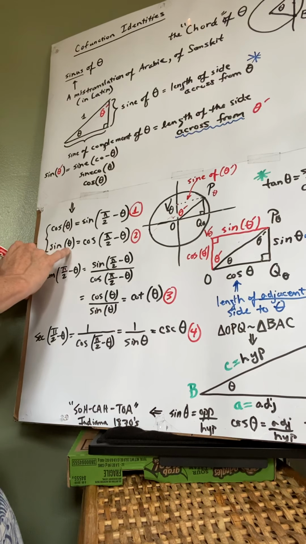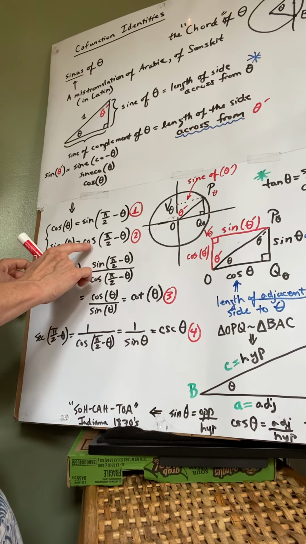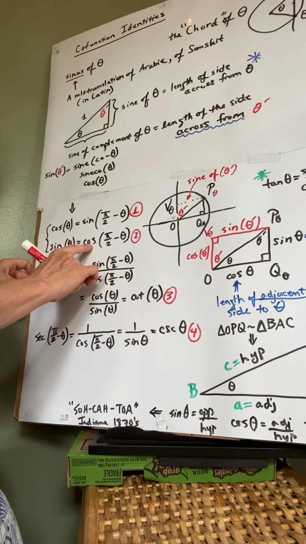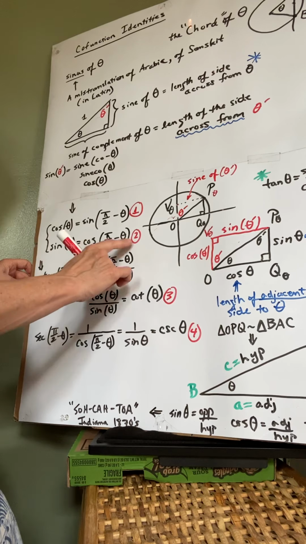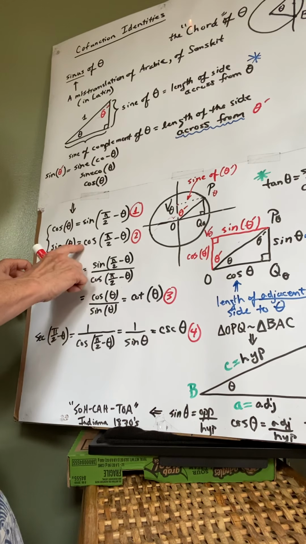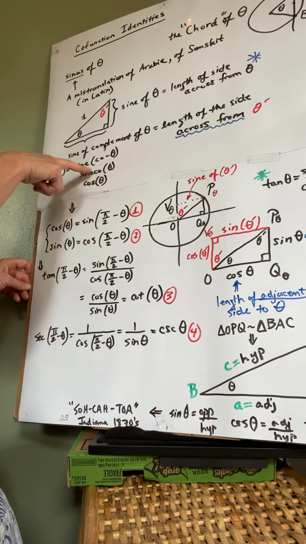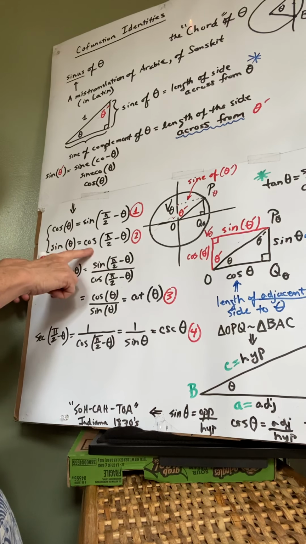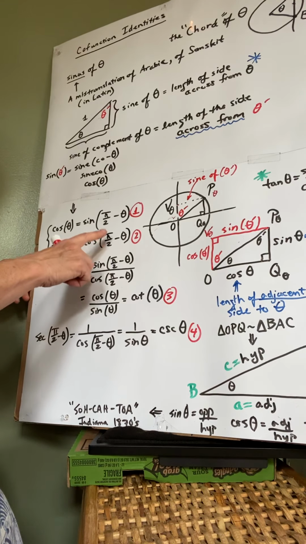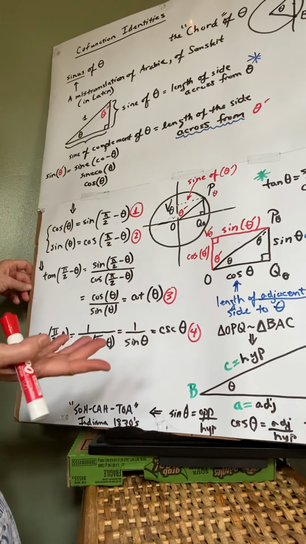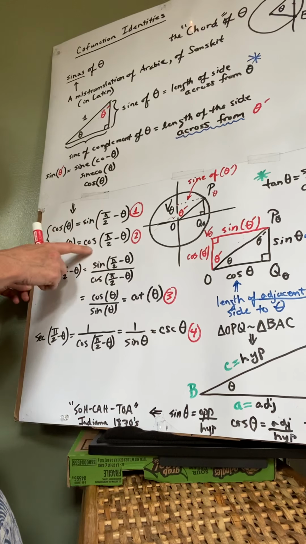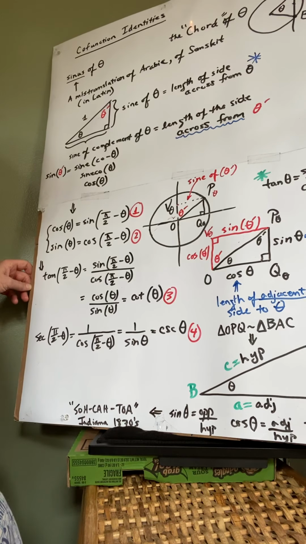The cosine of theta is equal to the sine of the complement, because remember what the cosine means. The cosine means the sine of the complement. That's just a description, really, of what the word cosine means.